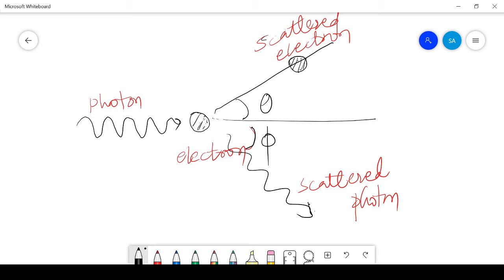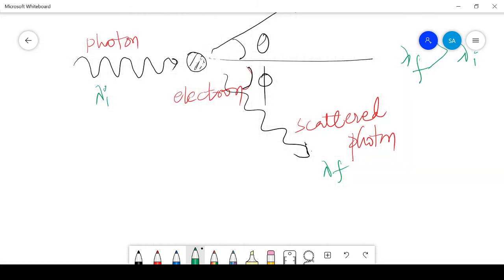Suppose lambda i is the wavelength of the incident photon and lambda f is the wavelength of the scattered photon, the final wavelength. This lambda f is greater than the wavelength of the incident photon, so there is a change in wavelength.